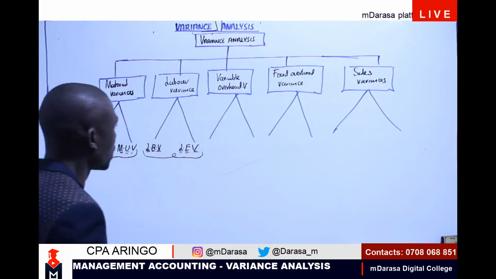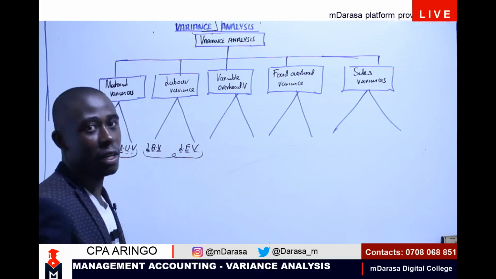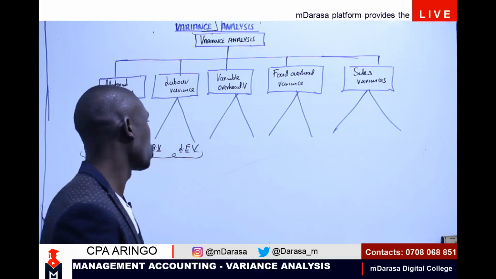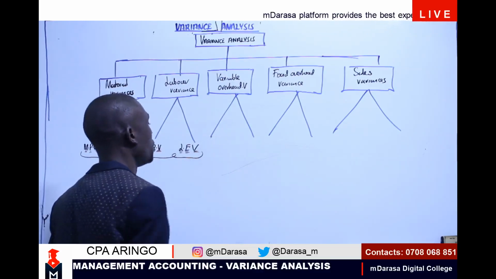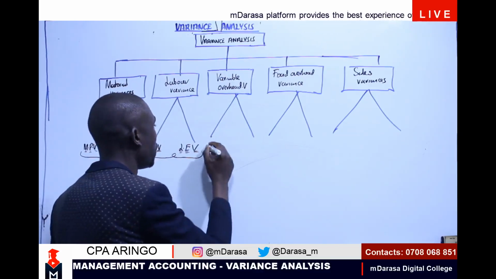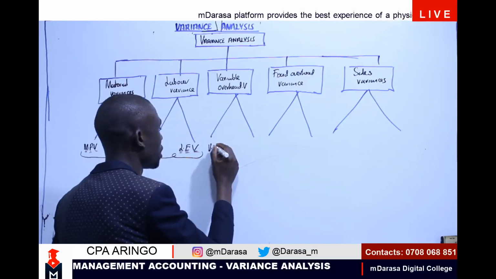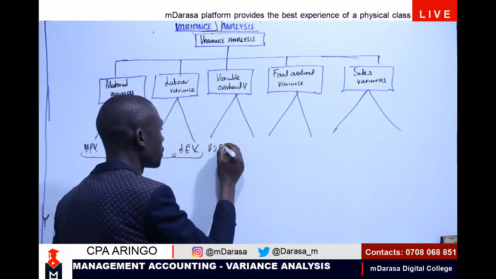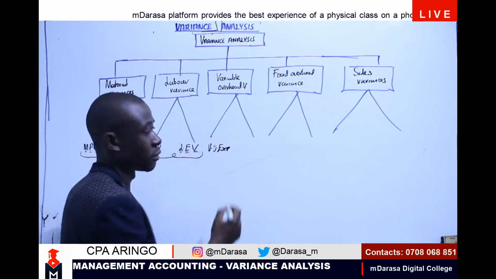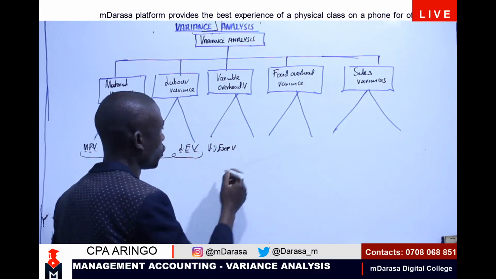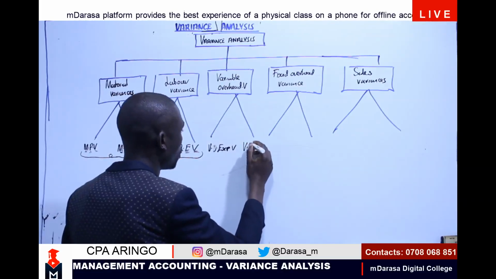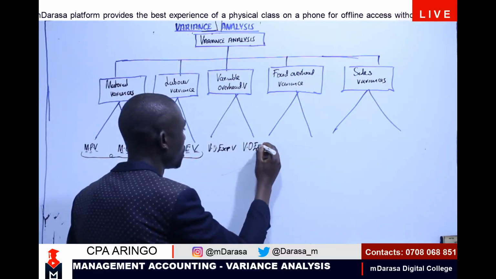So after we talked of that, you'll find that variable overhead variance is again going to be divided into two. Because at this point, we'll be looking at variable overhead expenditure variance, and variable overhead efficiency variance.